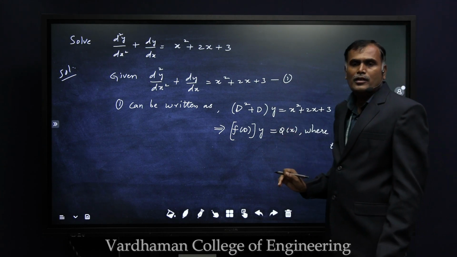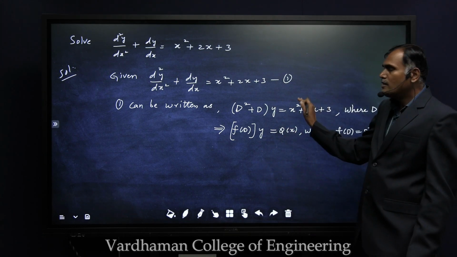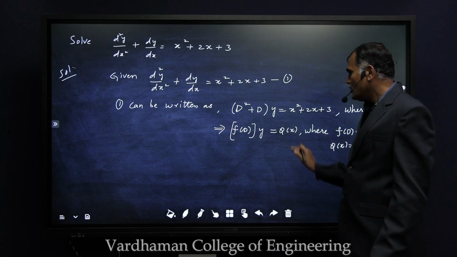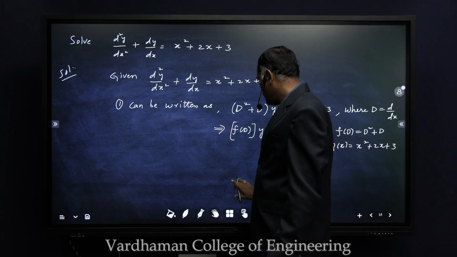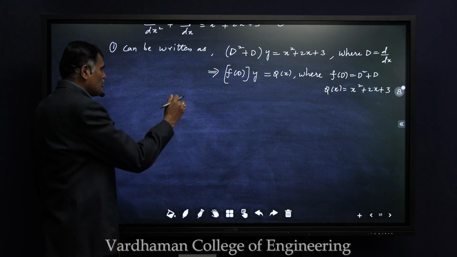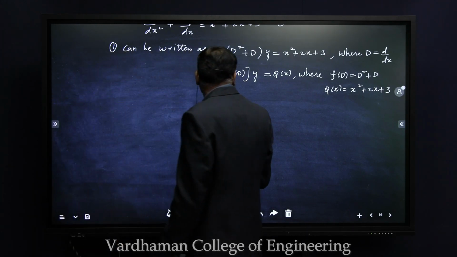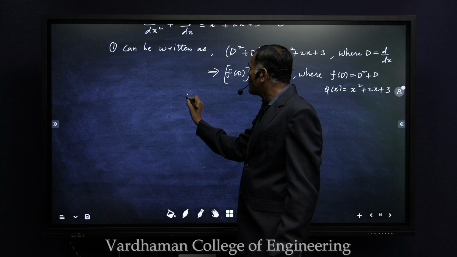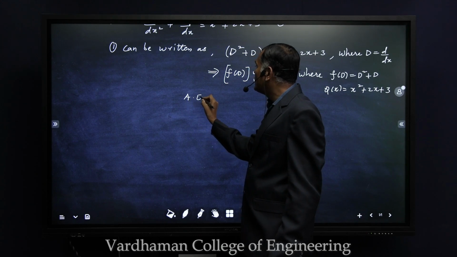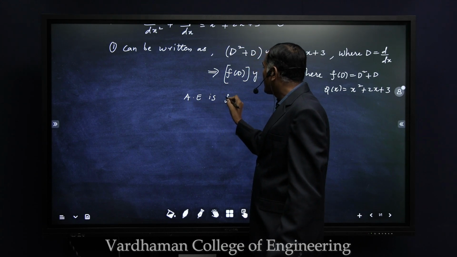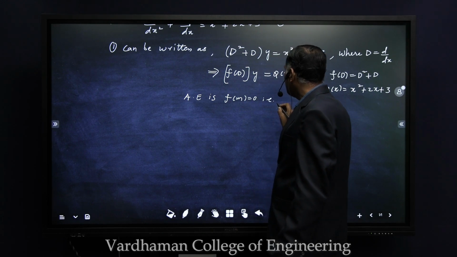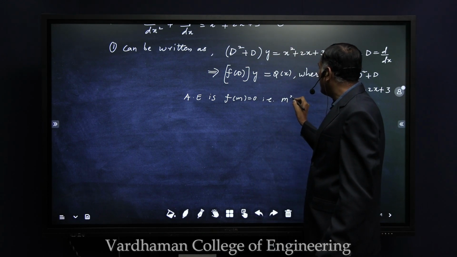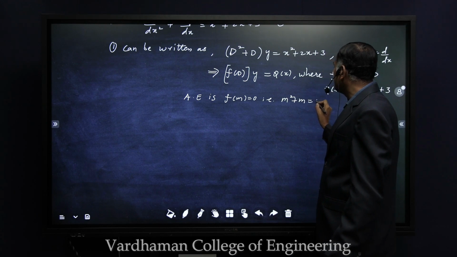Now let us find the complementary function of this problem. To find the complementary function, we consider the right hand part as 0. Now we write the auxiliary equation. The auxiliary equation is given by f of m equals 0, that is m square plus m equals 0.